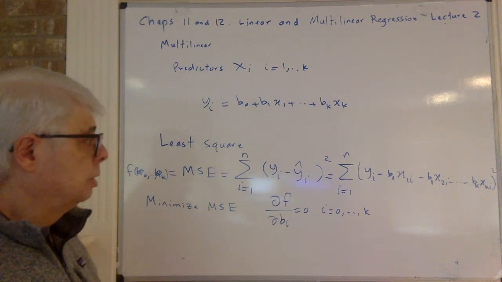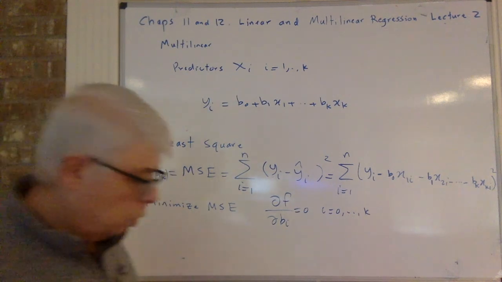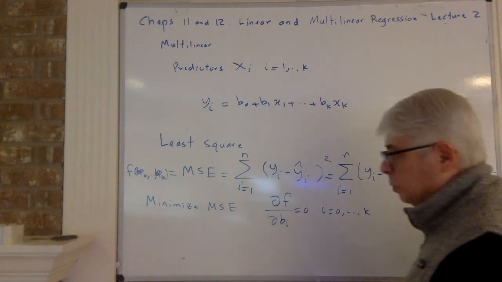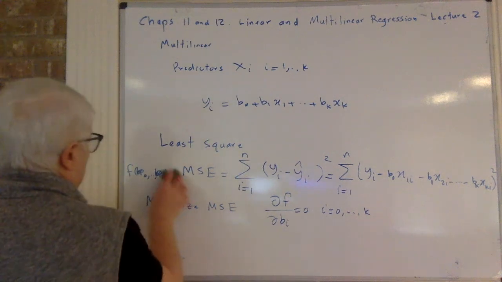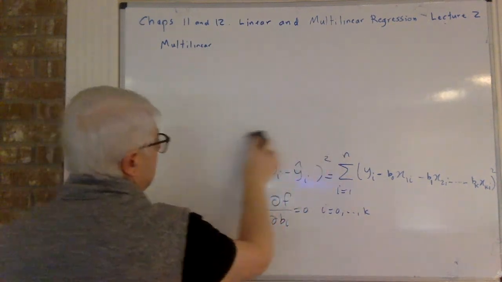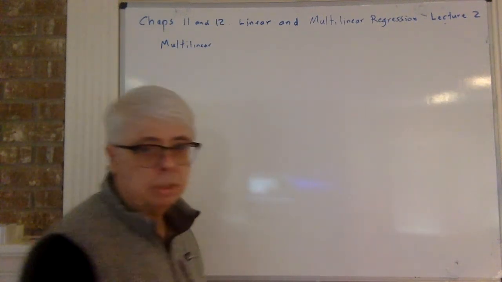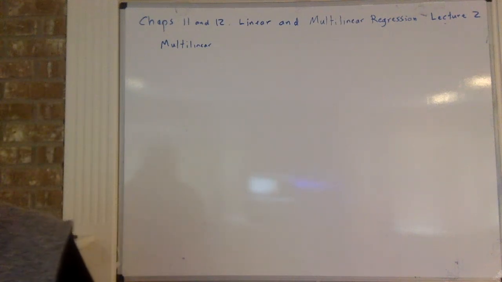And since, as I said, it's convex, whatever we solve for will definitely give us the minimum. Okay, so if we do this, we will come up with this nice matrix. Well, I have given all of that.